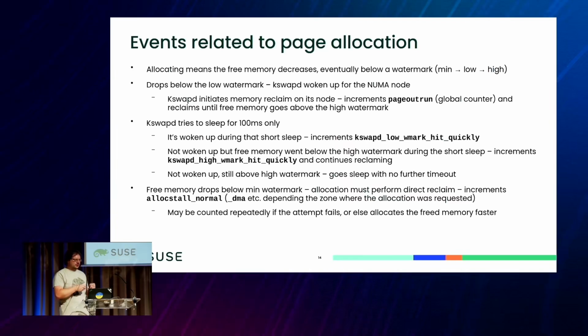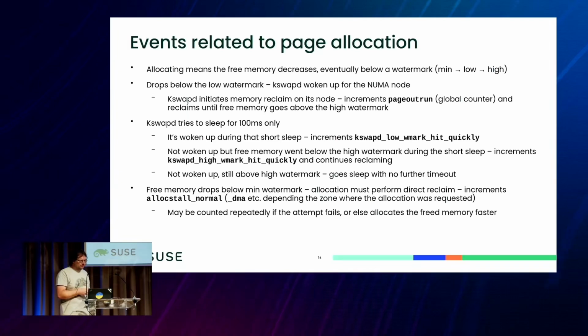Then when we try to allocate and go below the min watermark, which means things are really bad, we perform so-called direct reclaim. So the allocating thread has to reclaim memory on its own and not just wake up kswapd.